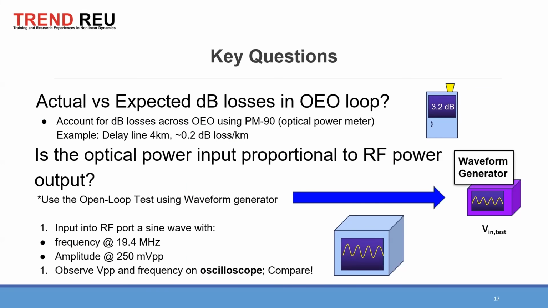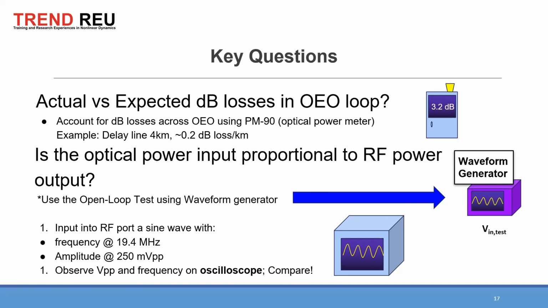There were some key questions that we had to ask while working in the lab. Our goal was to see oscillations. So first, we need to account for the power losses in the system.